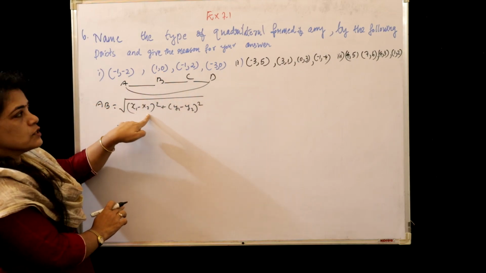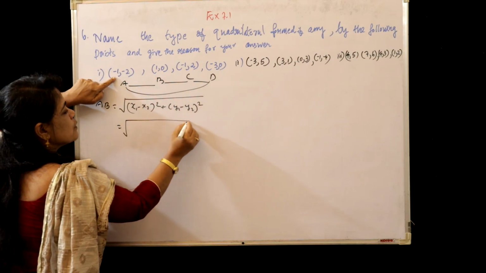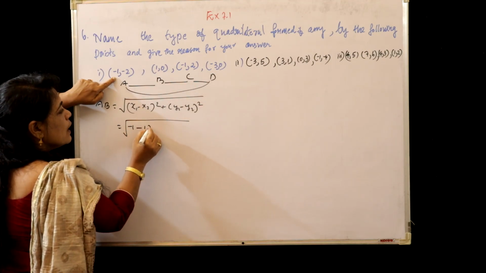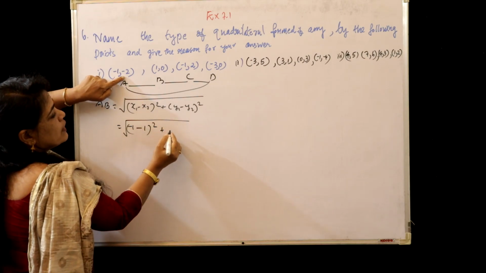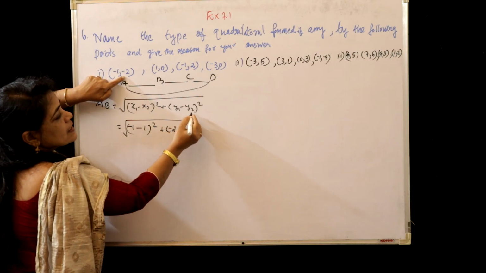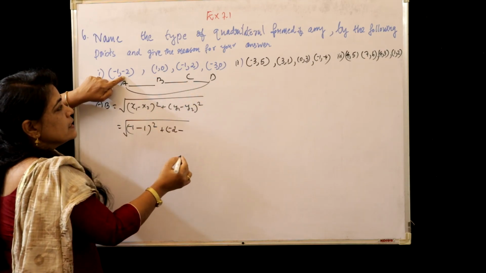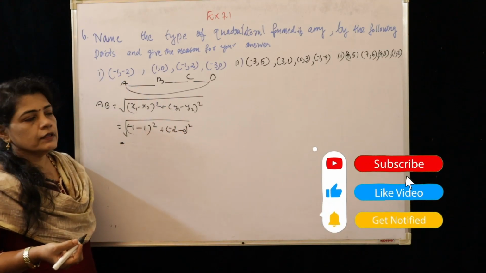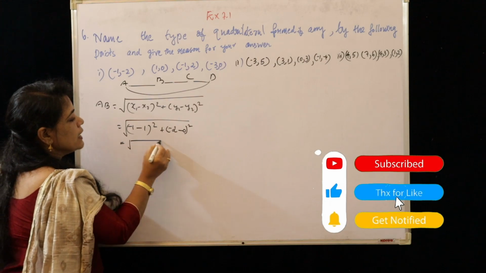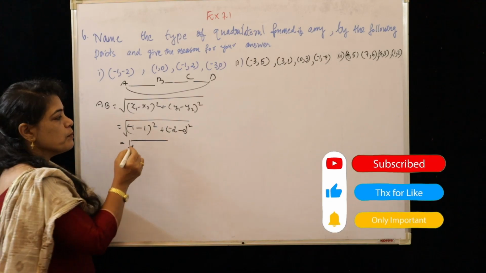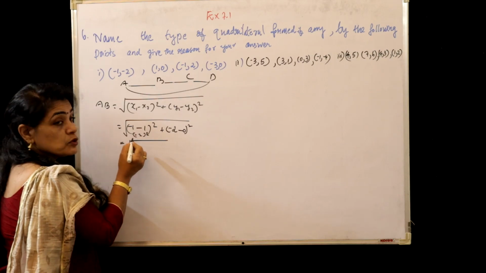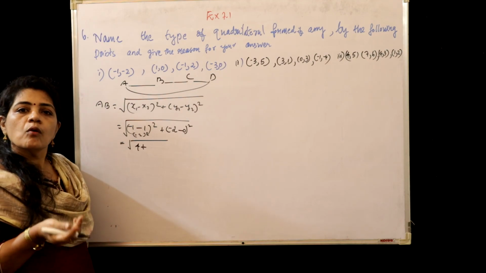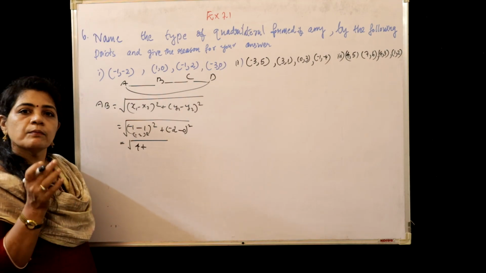So x1 minus x2 is minus 1 minus 1, that is minus 2, whole square, plus y1 minus y2, that is minus 2 minus 0, whole square. So minus 2 square is 4, plus minus 2 square is 4.